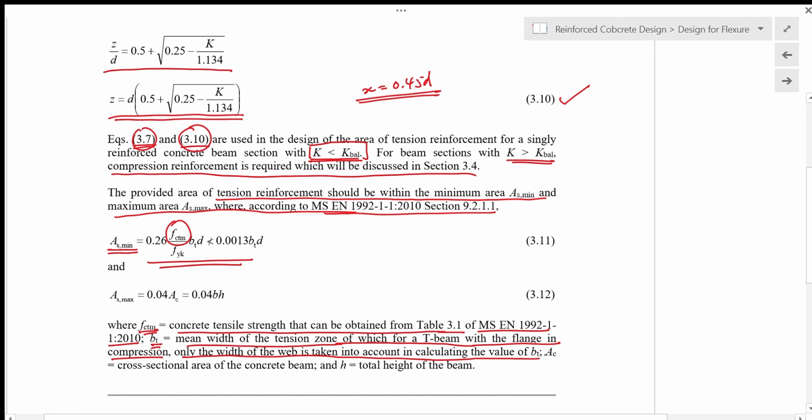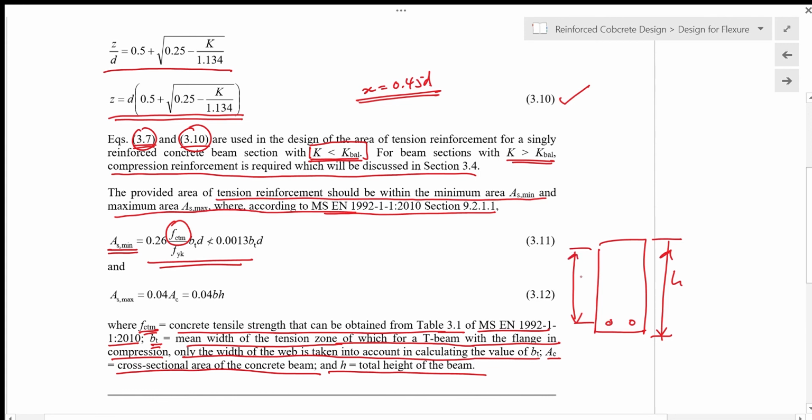And then AC is the cross-sectional area of the concrete beam, and H is the total height of the beam. So just now we have a cross-section with H as the total height of the beam. And then remember that we have effective depth D and also width B. So B times H is the total cross-sectional area of the concrete beam, AC, right?